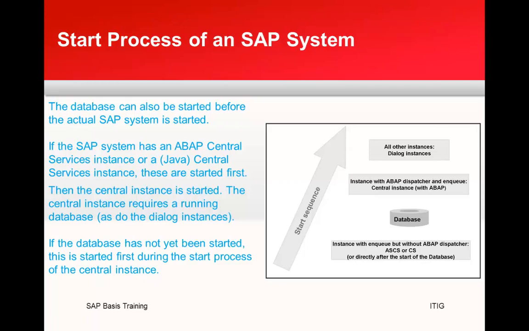Then the instance with ABAP dispatcher and enqueue, the central instance with ABAP, and all other dialog instances. So this is basically the sequence of starting. What we have seen is that first the instance with enqueue but without ABAP dispatcher, that is ASCS, is started first.